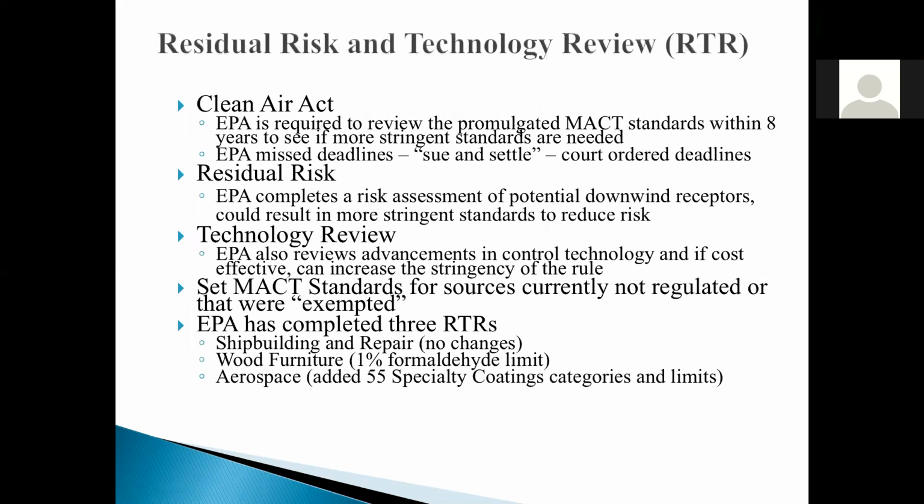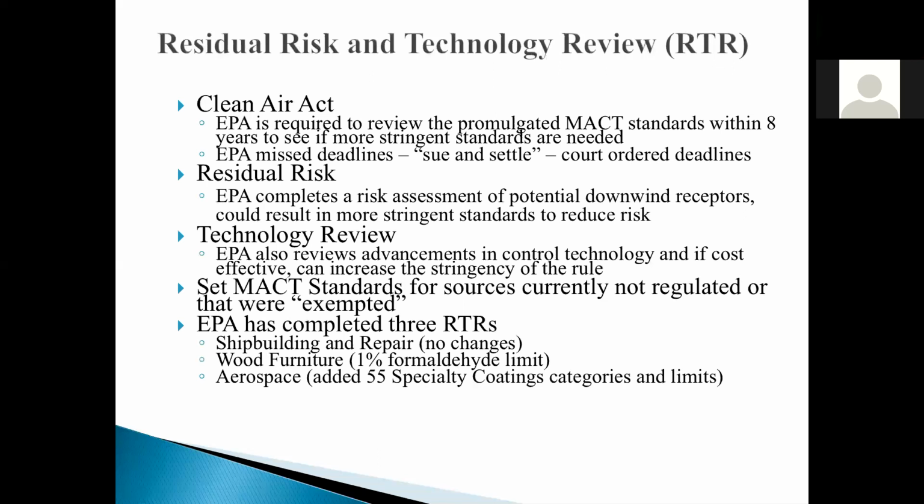What they do is EPA will model downwind receptors or neighbors to an application facility, and see if the receptors are being impacted by the type of HAPs coming from that facility. If EPA does find some kind of residual risk, they could make the standards more stringent from that perspective.